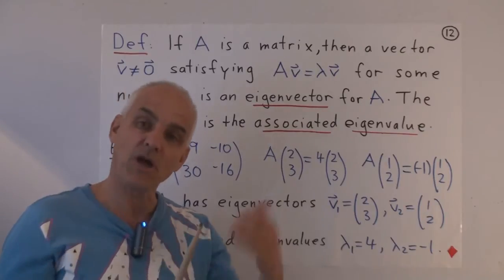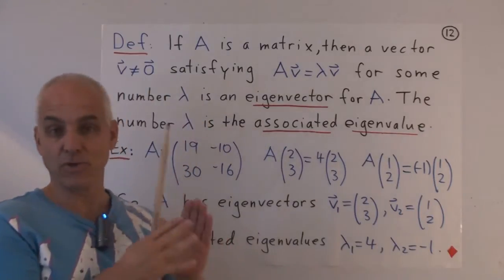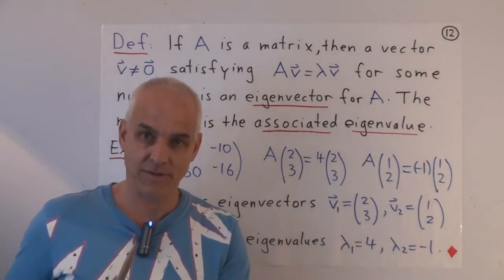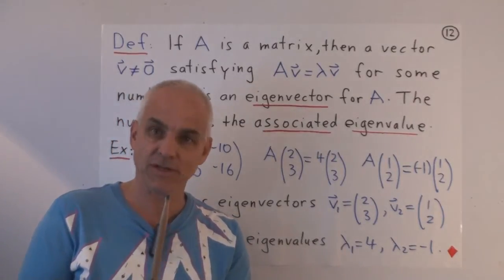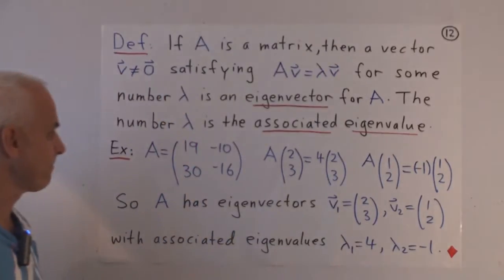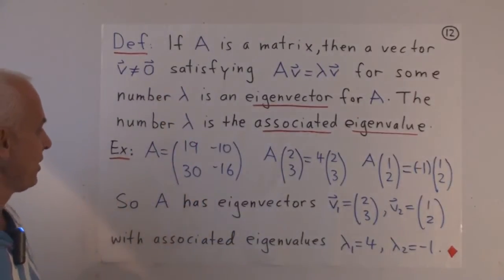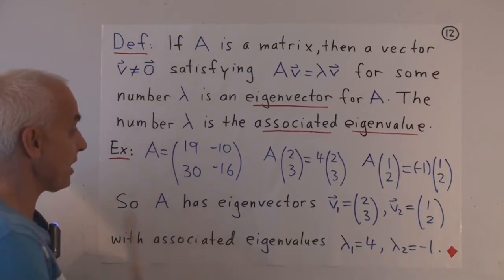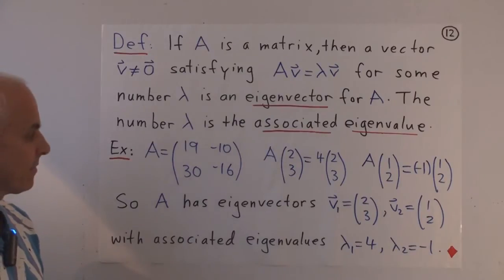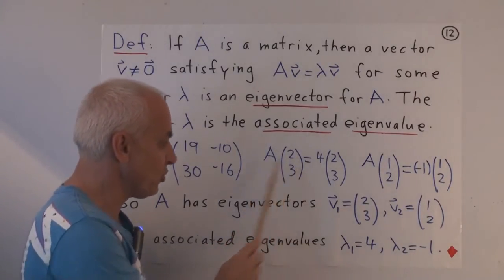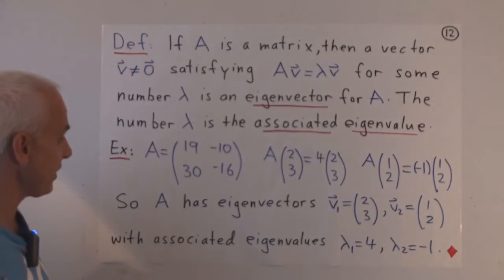And we saw in the previous example that a given matrix A can have several eigenvectors. And for each one of those eigenvectors, it's going to have an eigenvalue. So here was our example. The matrix A is 19, minus 10, 30, and minus 16. Now you can check that if you multiply A times the vector 2, 3, what are you going to get?